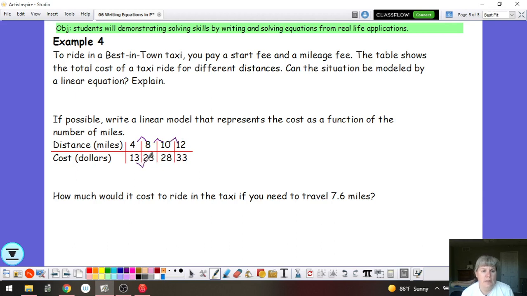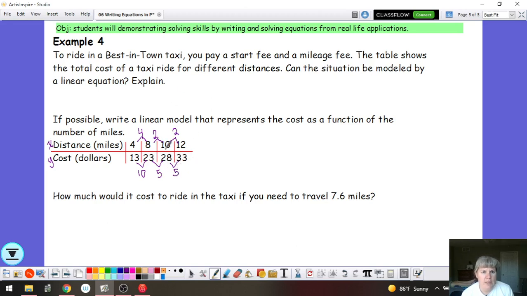to be consistent. So distance is going to be our x, cost is going to be our y. So from 4 to 8 is 4, 13 to 23 is 10, 8 to 10 is 2, 23 to 28 is 5, 10 to 12 is 2, 28 to 33 is 5.